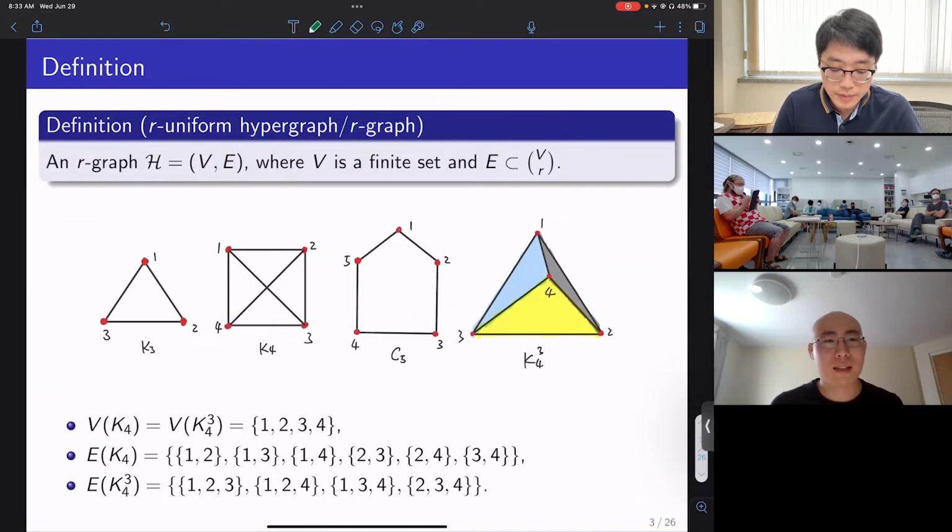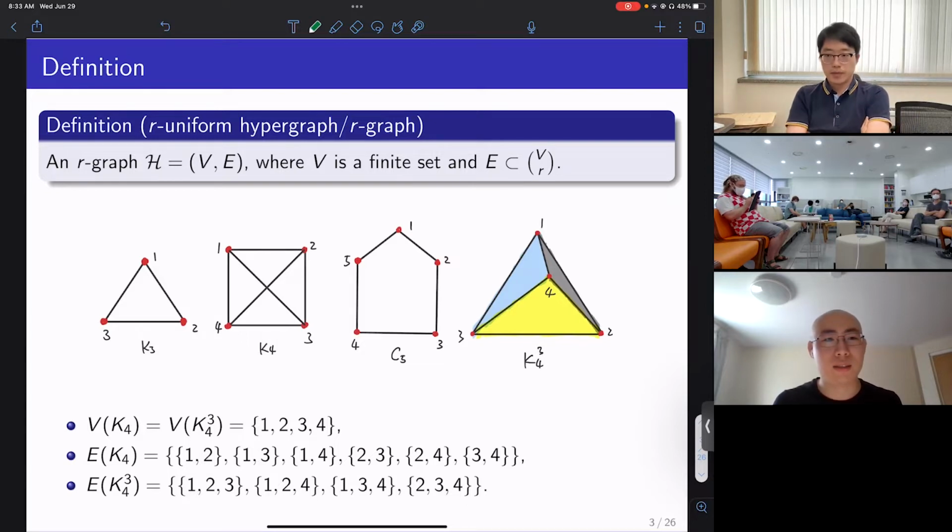So when we talk about a hypergraph, we have some vertex set and some collection of subsets of your vertex set. Here we will assume every edge contains R vertices. For our talk, we only use R equals 3. For graph, we use R equals 2.